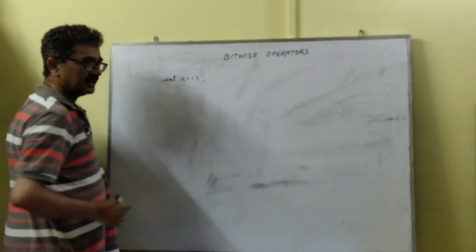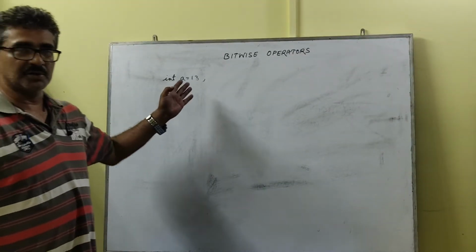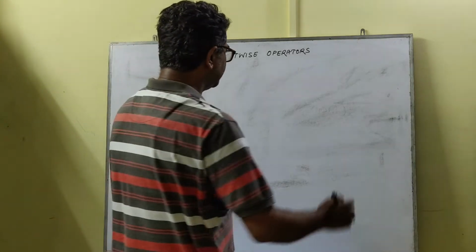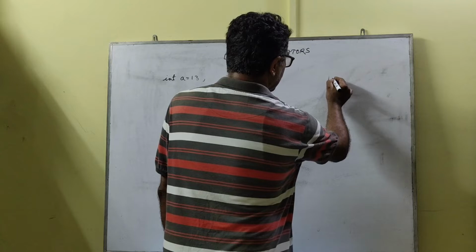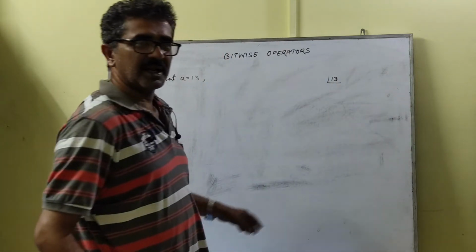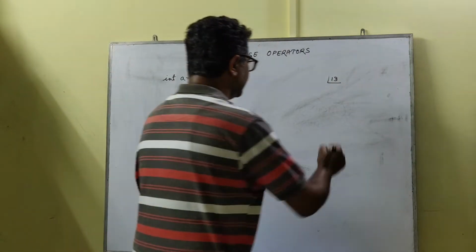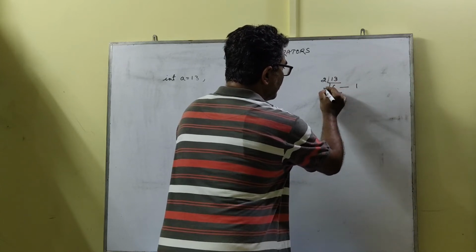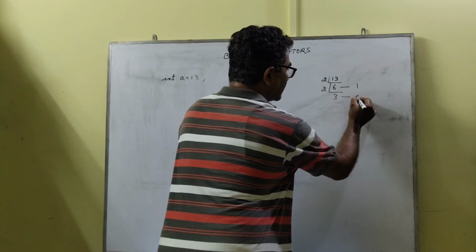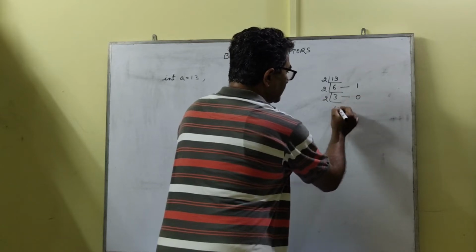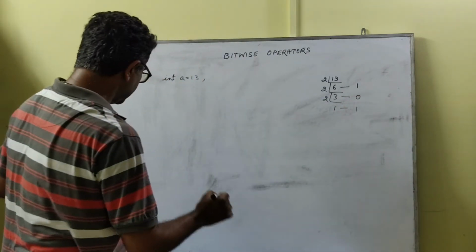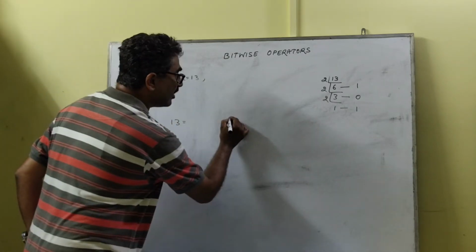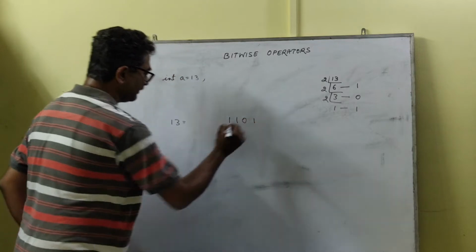So when I say a equal to 13, what actually happens is internally the number 13 is converted to binary. That is, remainder is 1, 2 3s are 6, remainder is 0, 2 1s are 2, remainder is 1. So 13 gets converted to its corresponding binary, that is 1 1 0 1.